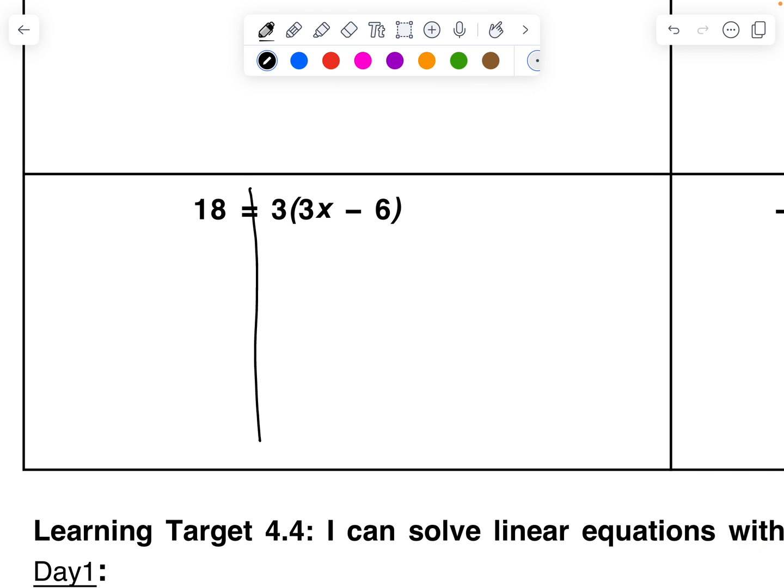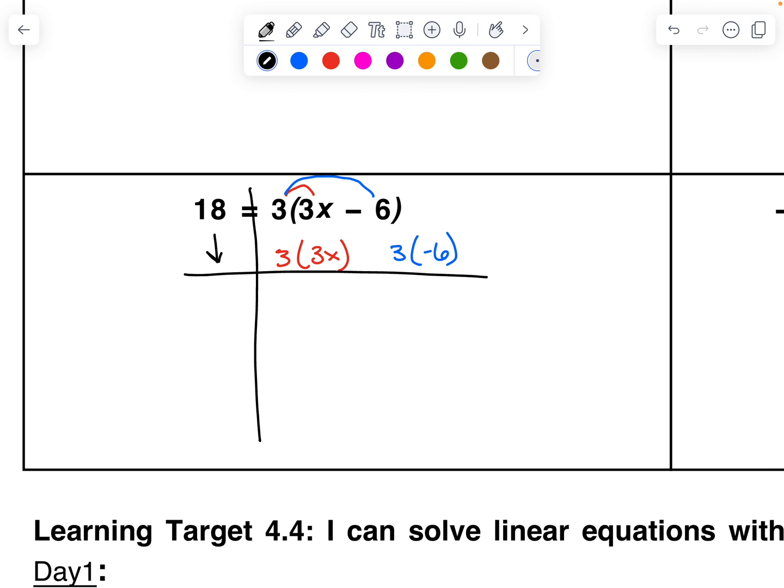So on this one, I do have some distribution there. I have parentheses. Again, parentheses just means multiplication. We also need to make sure that we transfer that negative. It's a minus sign currently, but when you pull it out, it's going to be a negative.